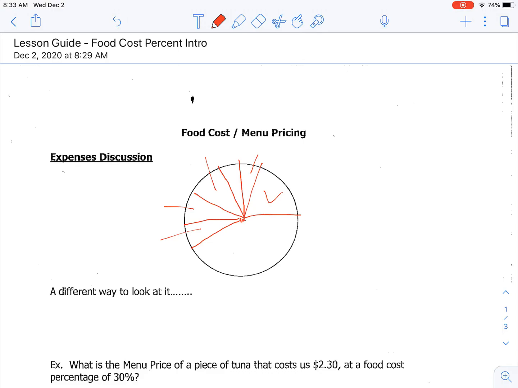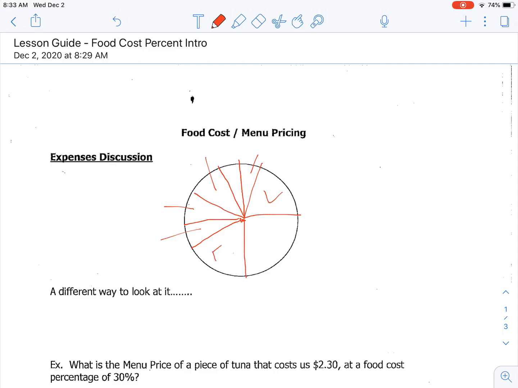Utilities like the gas, the electric, the water that costs to run the restaurant. Those are just a few of the different things that you would need to pay for in a restaurant. I'm sure I'm forgetting some because, like I said, we usually do this as a big brainstorm.